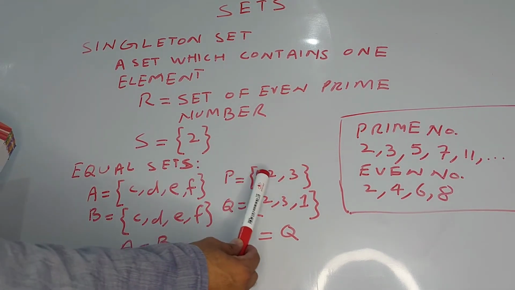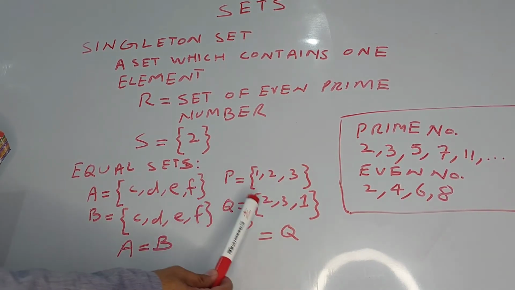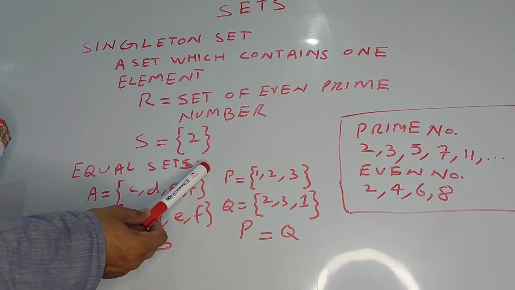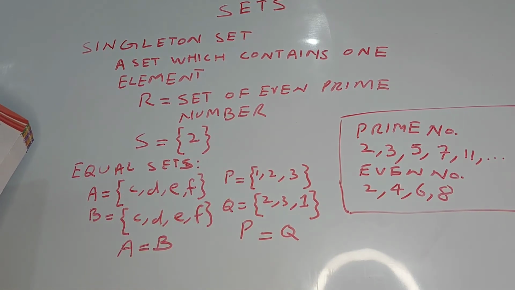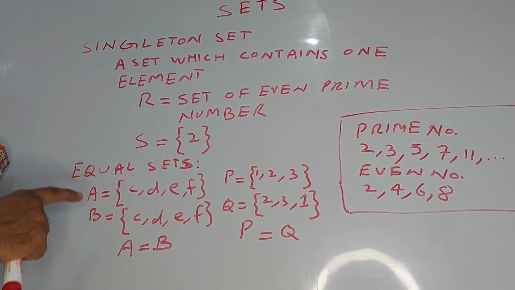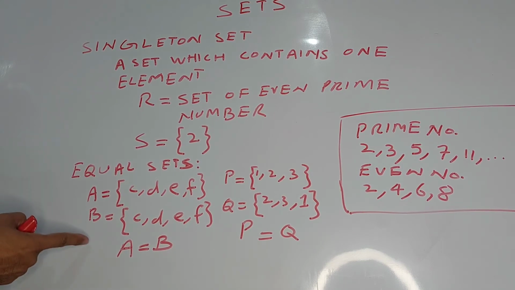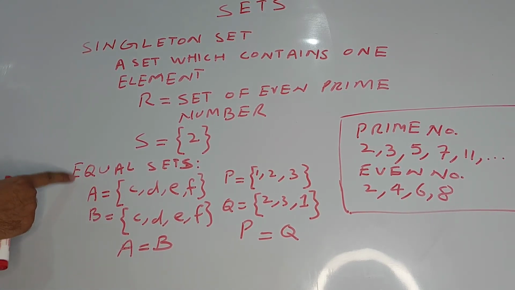Another example is P is 1, 2, 3, Q is 2, 3, 1. So every element of P exists in set Q, so P is equal to Q. So two sets A and B are equal if they contain the same elements. Every element of set A is an element of set B, and every element of set B is contained in set A, vice versa.